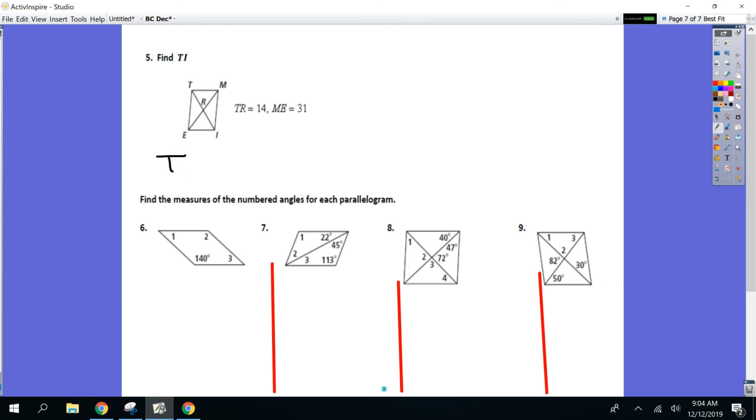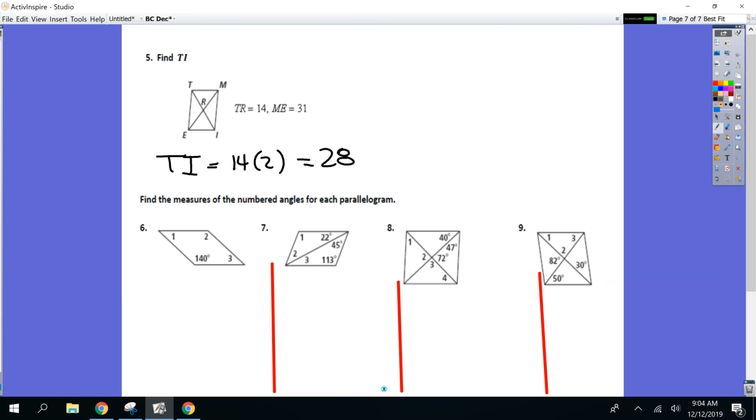So TI, what are you doing, Mike, again? 14, diagonals bisect each other, so RI is also 14. Value of TI, Michael? Okay, 28, yep. Okay. Everybody good? Okay, so that's about as much as we can do with the sides and the diagonals.